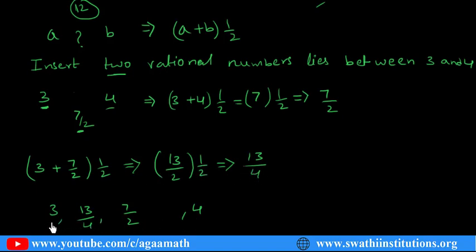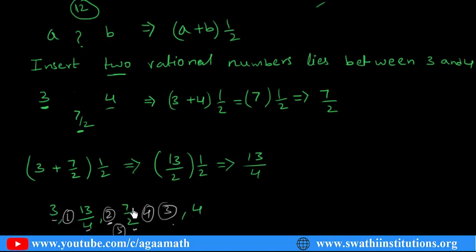Observe carefully: how many rational numbers lie in between 3 and 4? We have found only 2. When I consider these two, we get 1 more. When I consider these two again, we get 1 more, and so on.